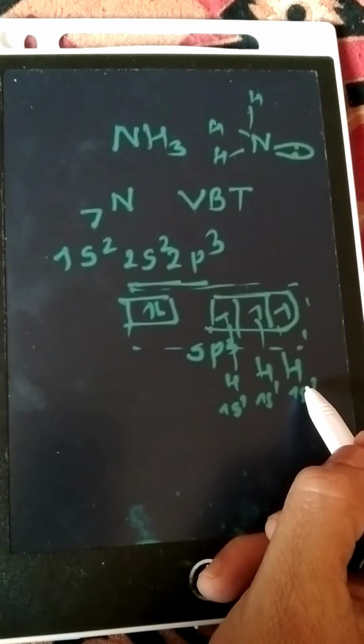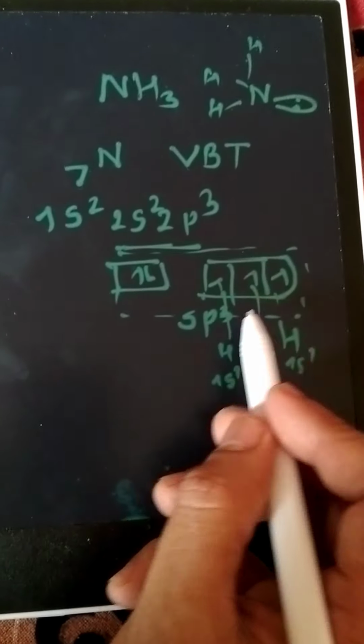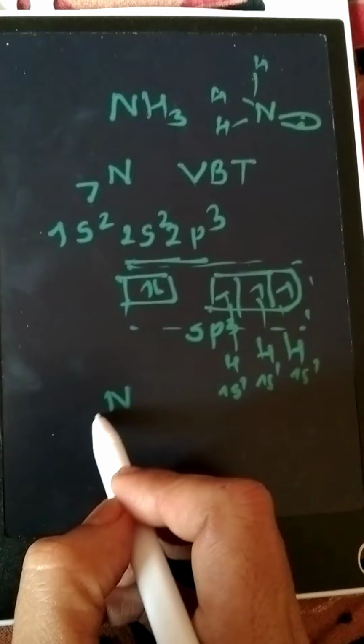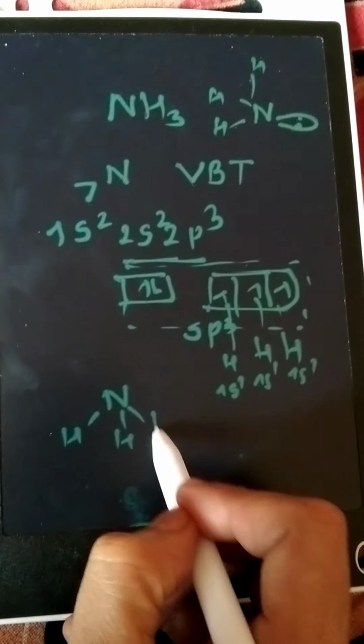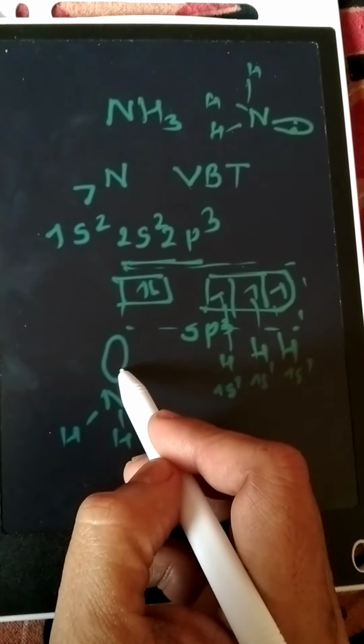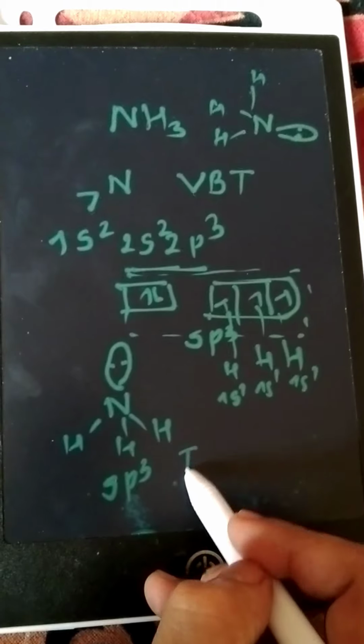The electrons of hydrogen combine with electrons of the hybrid orbitals of nitrogen, and the covalent bonds are formed by sharing of electrons. In this way ammonia, NH3, is formed. The lone pair remains on the nitrogen as a free lone pair. So sp3 hybridization in this molecule gives a tetrahedral shape.